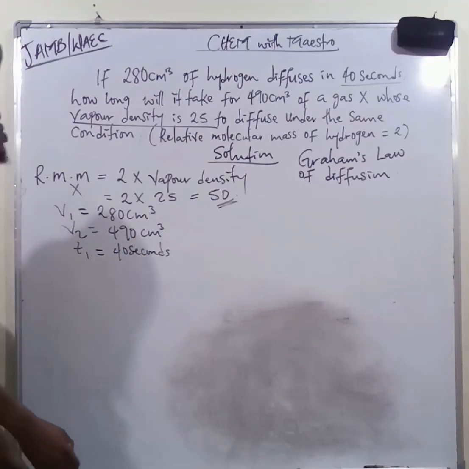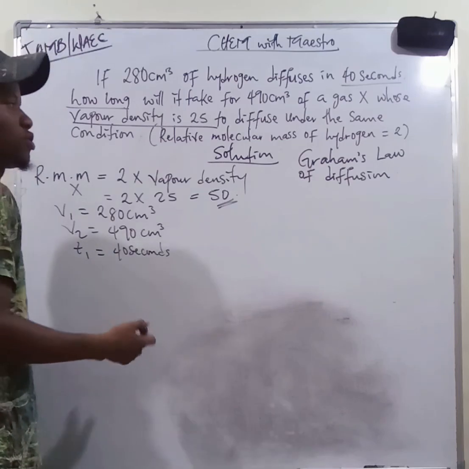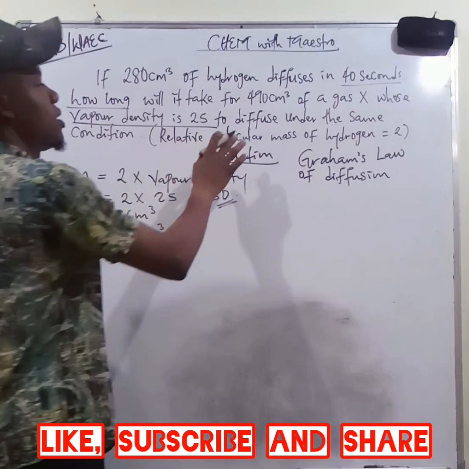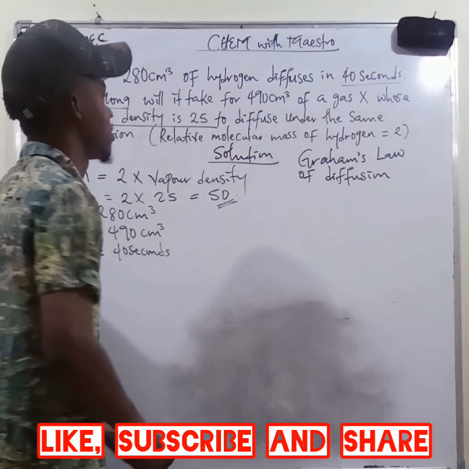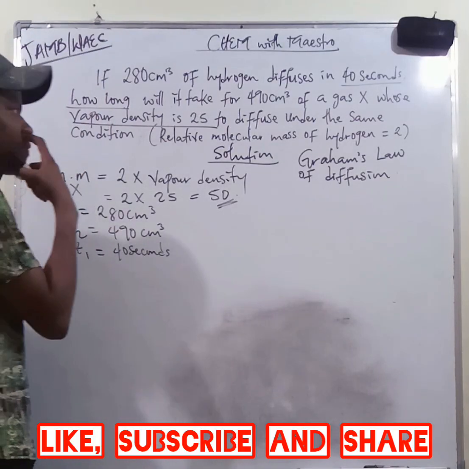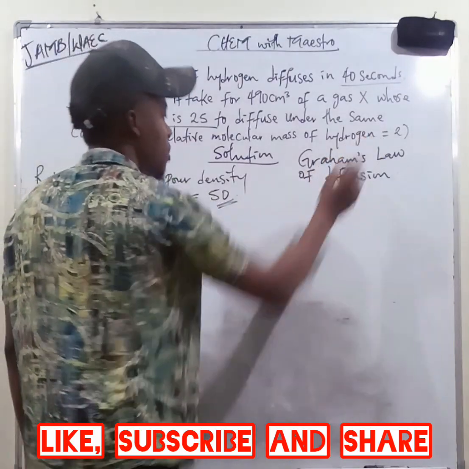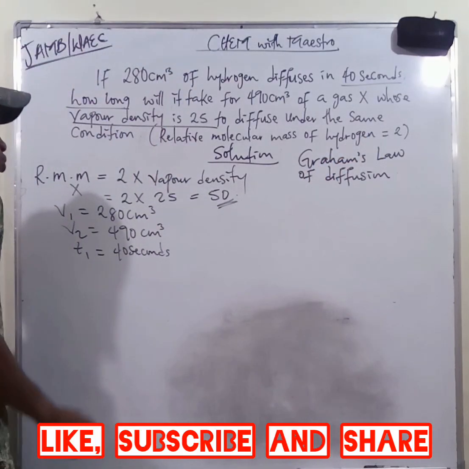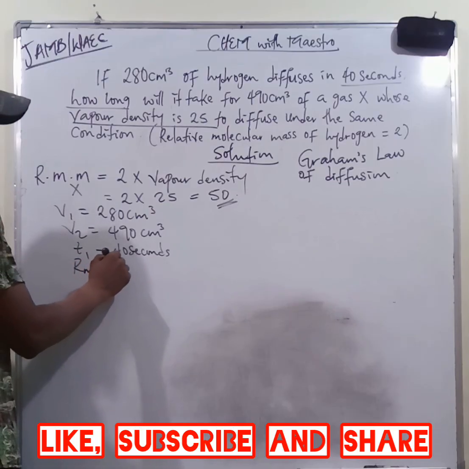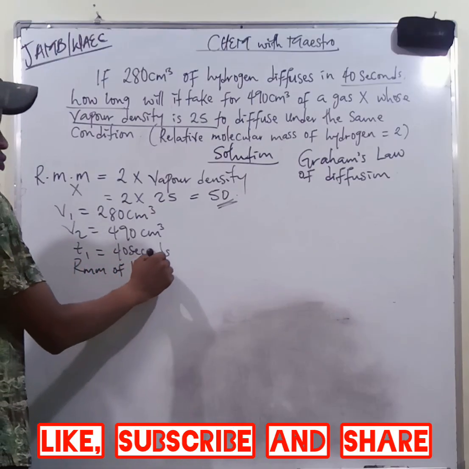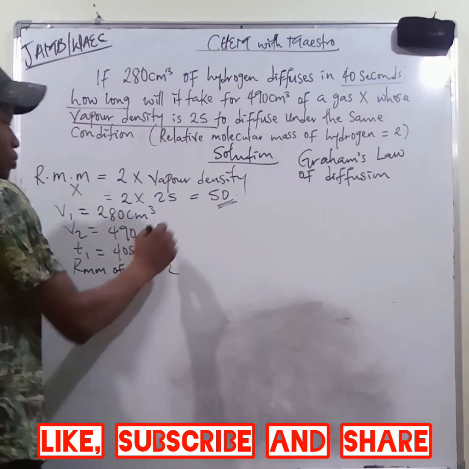Then they are asking us how long, so we should find T2, which still refers to time, for 490 centimeter cube of gas X to diffuse under the same condition. We're given the relative molecular mass of hydrogen, RMM of hydrogen is equal to 2.